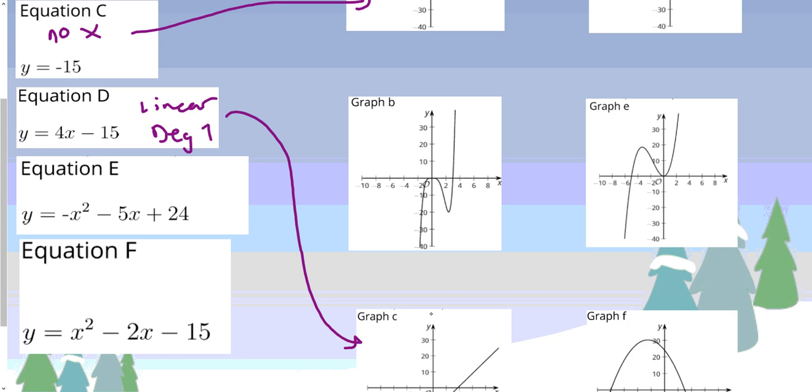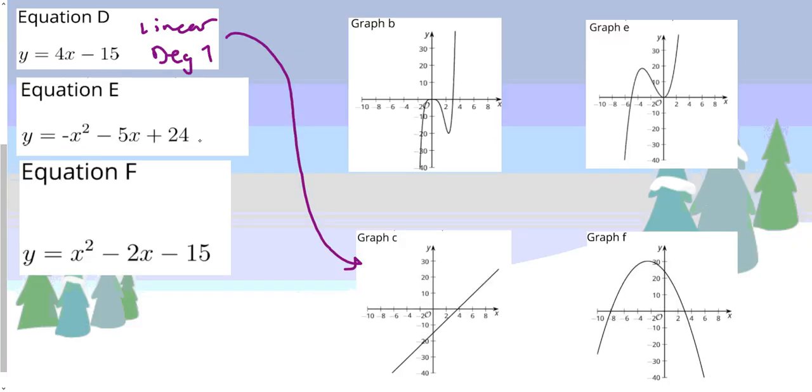So let's match up some other ones. Negative x squared minus 5x plus 24. Well, negative x squared is going to be a parabola, degree 2, and opens down. That looks like that's going to be graph F. How do we know? Y-intercept of 24, perfect.